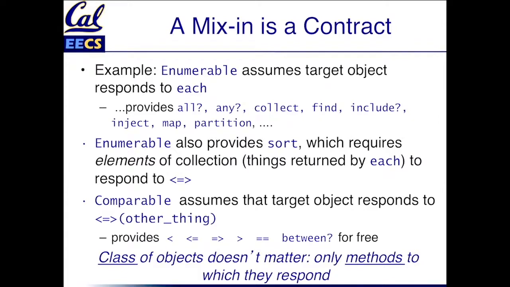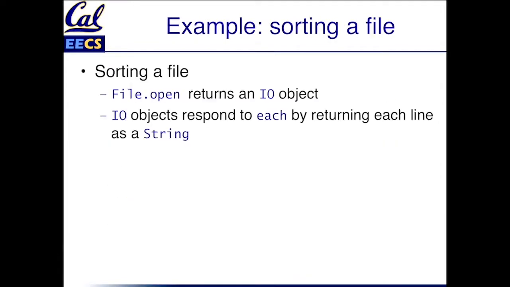Let's look at a couple of concrete examples of this. Sorting a file. Well, we have File.open. That's a method that returns an I/O object representing an open file. And I/O objects actually define each. They define it as, I'm going to return each line of the file in turn. That's a pretty sensible semantics for reading a text file. So what does that mean? I can say open a file and sort it.